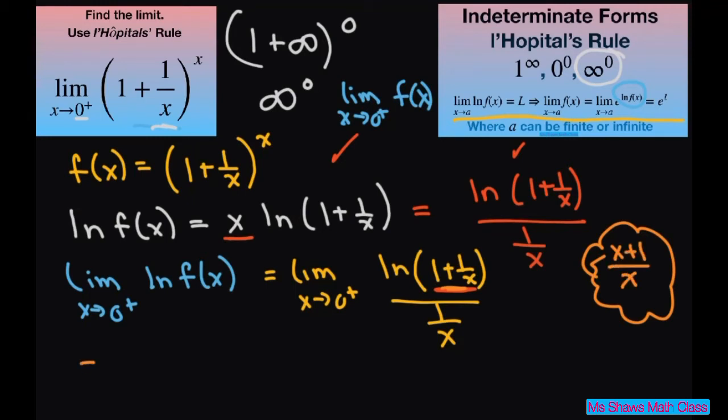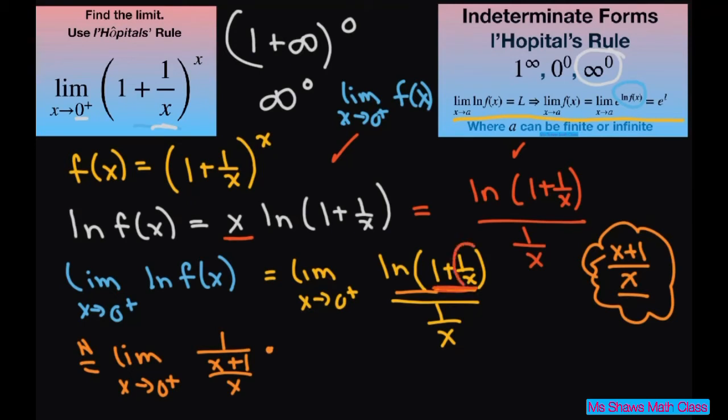So let's use L'Hopital's rule. And as we take our limit as x approaches 0 from the right, we differentiate the numerator. That's going to be 1 divided by this quantity, which is (x + 1)/x, times the derivative of our inner function.